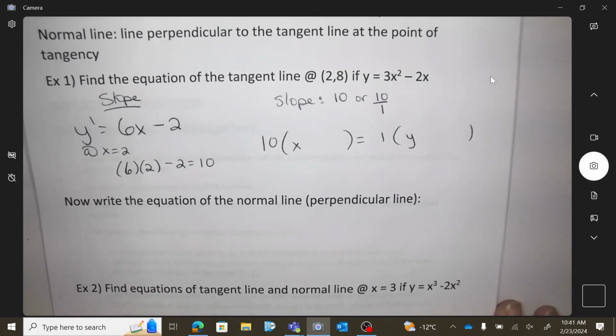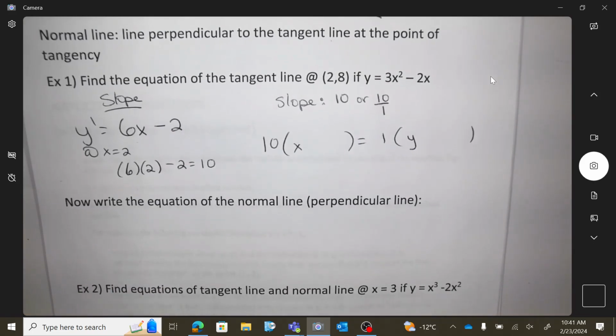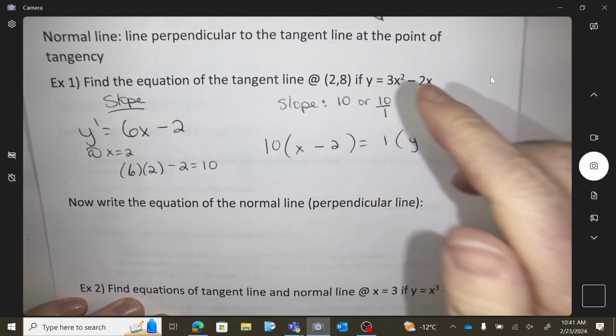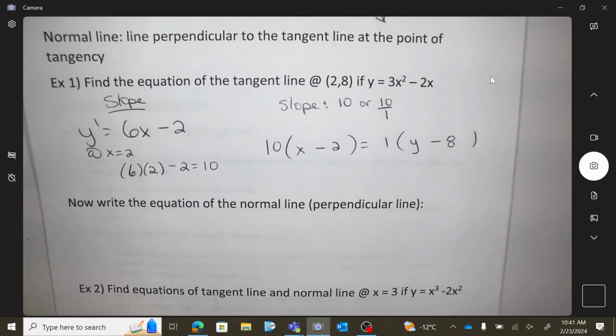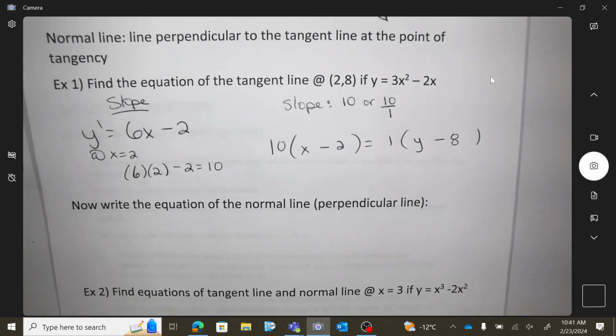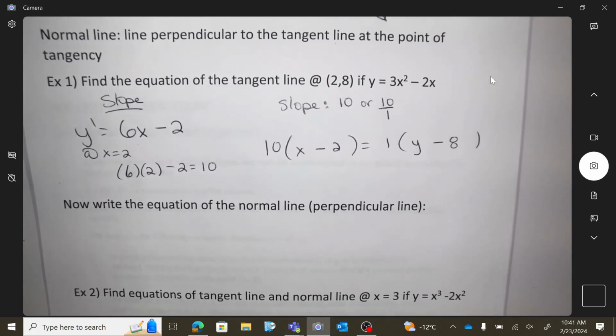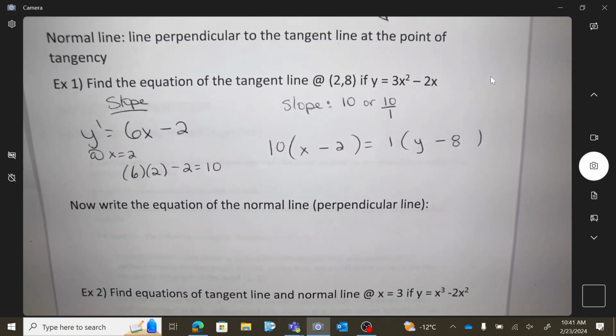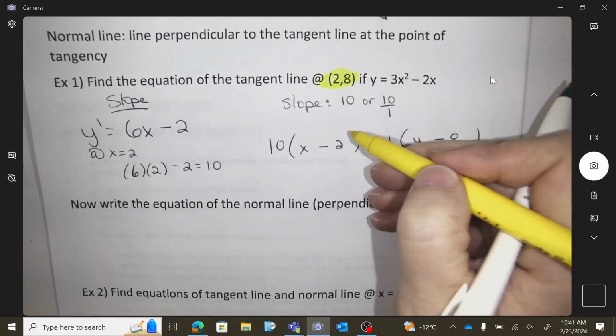And then I have to fill in the coordinate of the point with opposite. So if this is 2, minus 2, if this is 8, this will be minus 8. This, the point. That guy right there.